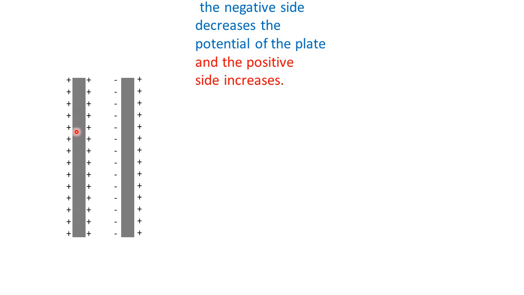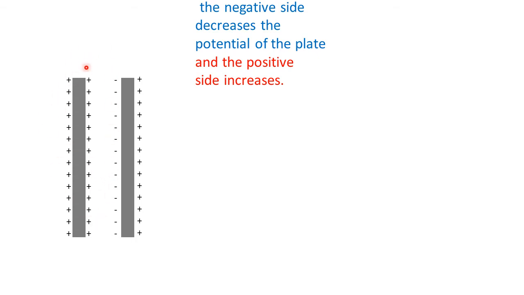Net impact on the potential of the first plate will be that its potential will be lowered. Why? Because this positive charge is at a larger distance in comparison to this negative charge from the first plate. The distance of the negative charge is less than the distance of this positive charge. So the impact of the negative charge will be more, and its overall potential is lowered.